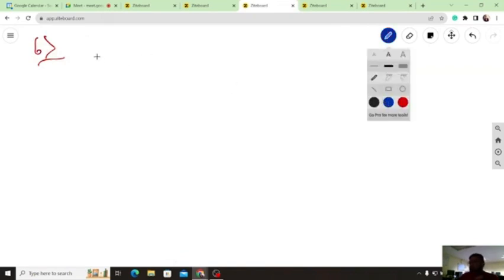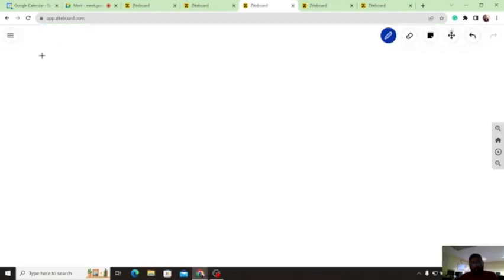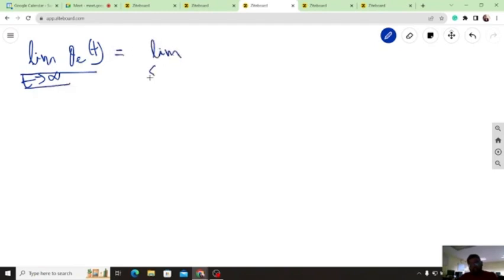Okay, so again we have to use the previous equation for the small scale error analysis. So we know for small scale error analysis that limit of theta e of t as t tends to infinity can be represented as limit of s tends to 0 of s times theta e of s.